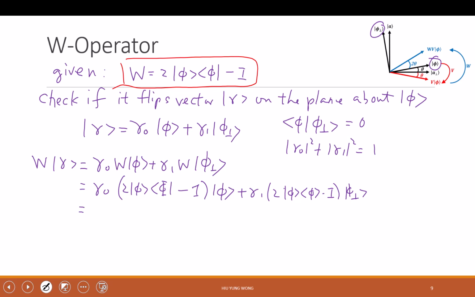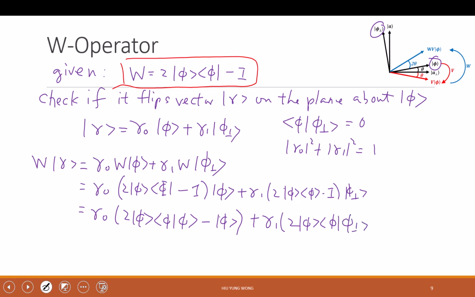The first one, you just use the distribution law: gamma 0 times 2 phi minus phi. Second one, gamma 1 times 2 phi perpendicular minus phi perpendicular.